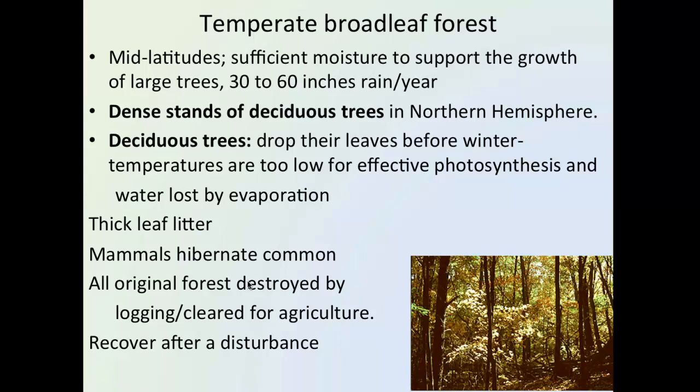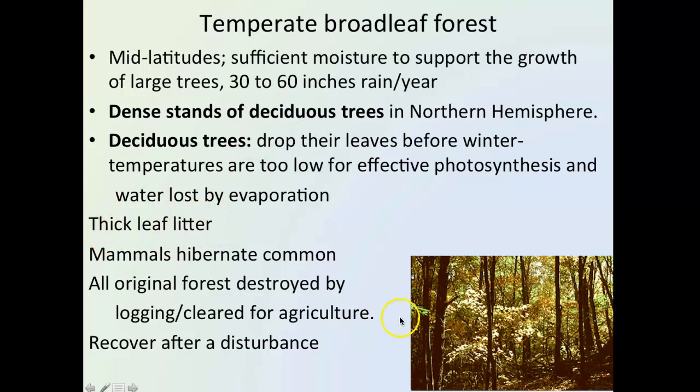Okay, next one is our temperate broadleaf forest. This one is going to have your moisture. If you're from the East Coast or have ever visited the East Coast, this is basically your East Coast forest. So you have large trees, a lot of dense trees. They're deciduous, meaning that they lose their leaves. And when they lose their leaves, you create something called leaf litter.